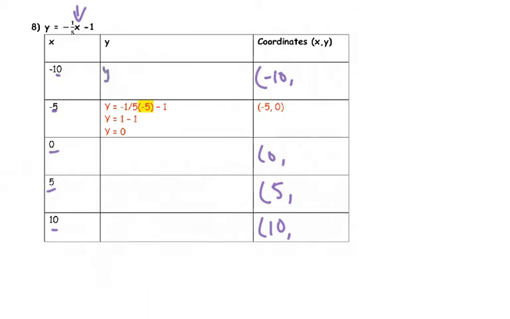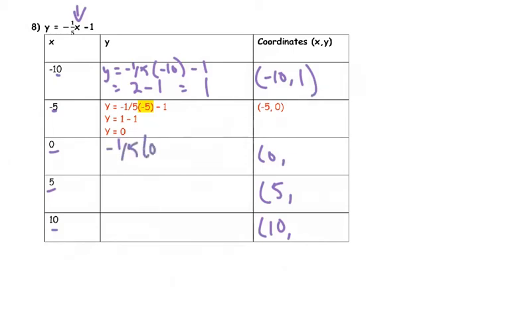So, y equals negative 1/5 times negative 10 minus 1. So, first we're going to do 1/5 of negative 10, so that's the same as dividing 10 by 5. It's going to be positive 2 because they're both negative. It makes it a positive. And 2 minus 1 is 1.